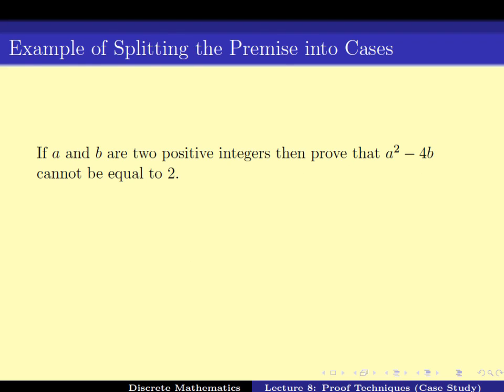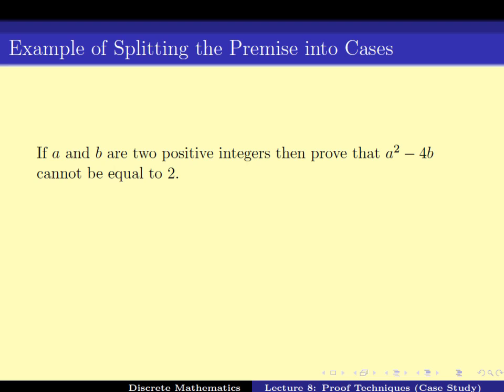So for example, let's start with this example that we have here. If A and B are two positive integers, then prove that A square minus 4B cannot be equal to 2. Now, how do you split this problem? First of all, we have to understand what is the A and what are the B. Now, what is the A here?